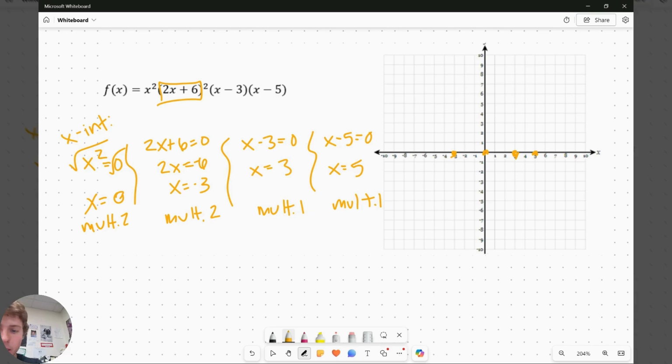I know that my degree then must be 6, found by adding all of those components up. I also know by looking at what's out in front that this is a positive polynomial. So, okay, now I know that it's positive and even. That tells me both sides must go up.